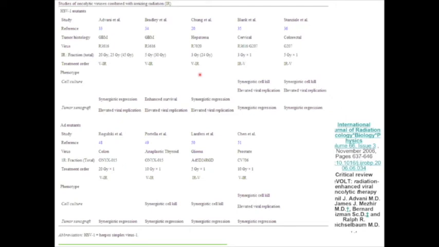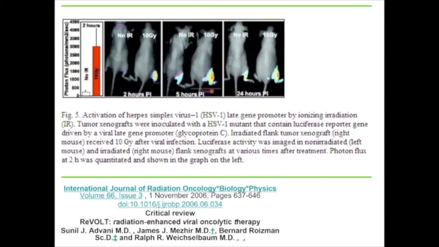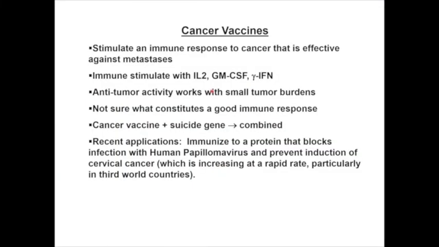There are some where an HSV mutant was used, adenovirus mutants were used. So many were tried in many different tumor types. There was always some sort of impact, but it was never enough to make it useful clinically. And so at the end of the day, I think most of this, we sort of gave up.